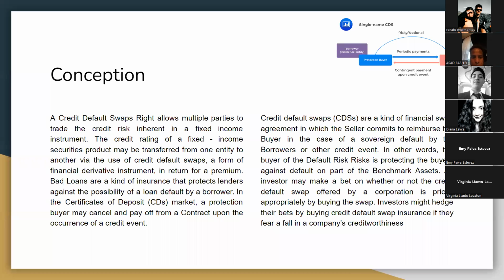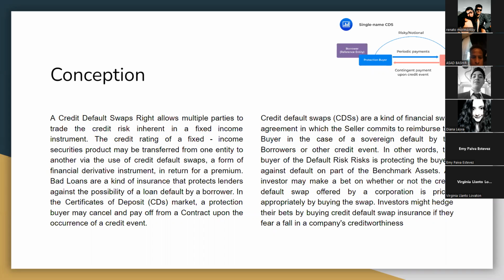Conception. A credit default swap allows multiple parties to trade the credit risk inherent in a fixed income instrument. The credit risk of a fixed income security may be transferred from one entity to another via the use of credit default swaps, a form of financial derivative instrument, in return for premium payments, or a kind of insurance that protects lenders against the possibility of loan default by a borrower.